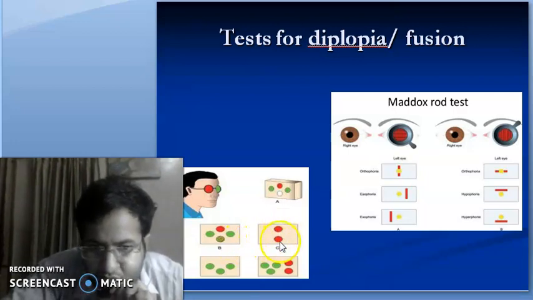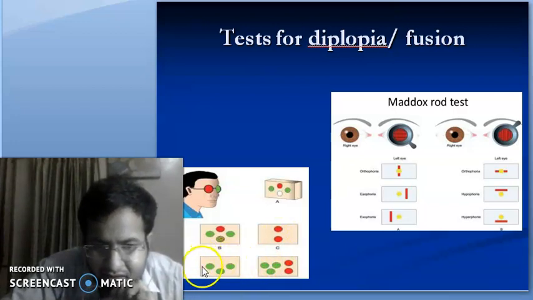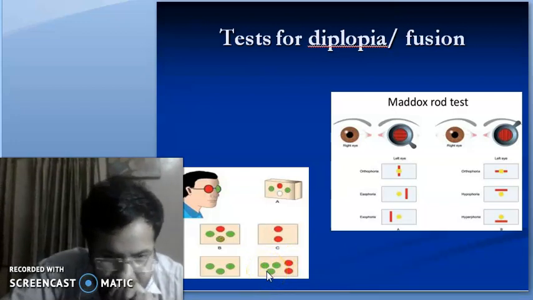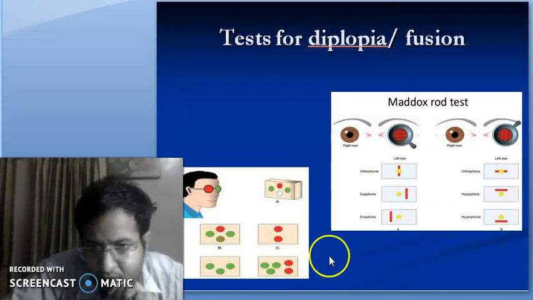If it is just the two red circles, then this denotes left eye suppression. If it is three green circles, then this denotes right eye suppression. If there is diplopia, we will get this, in which the red circles move towards the right and the green circles move towards the left. What will this be? This will be uncrossed diplopia.